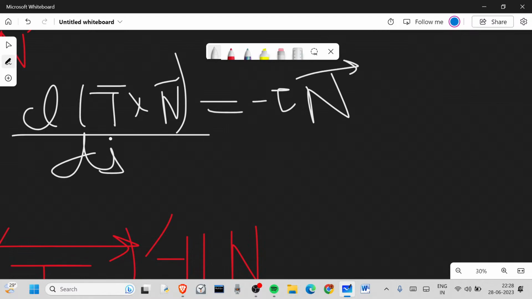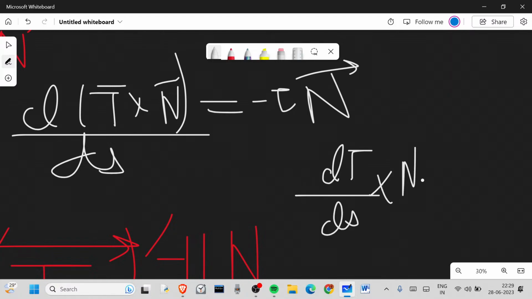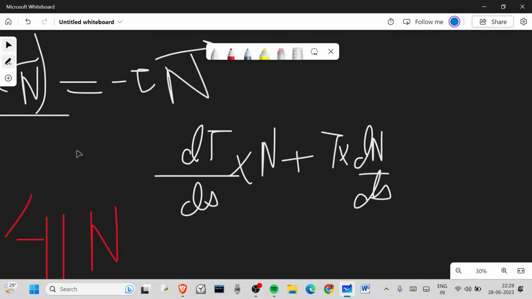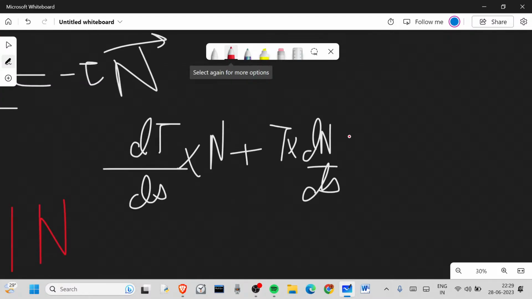And to prove this, I'm first of all applying the product rule: dt by ds cross n plus t cross dn by ds, this whole is dB by ds.